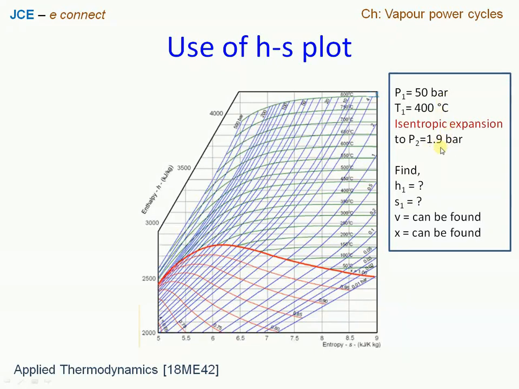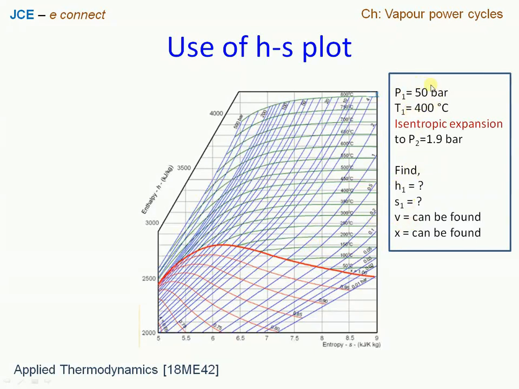With this given data, they asked us to find out the change in enthalpy and the entropy, and one can also find the specific volume and the dryness fraction if required. So let's now locate the state points.